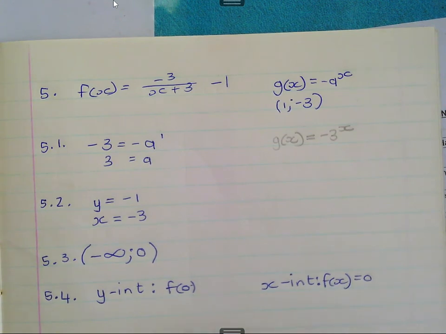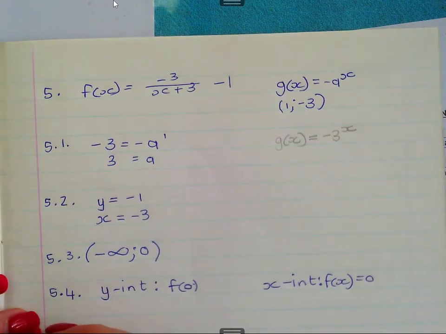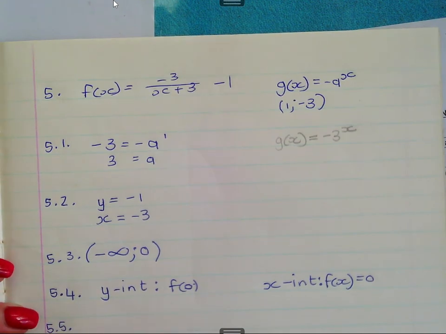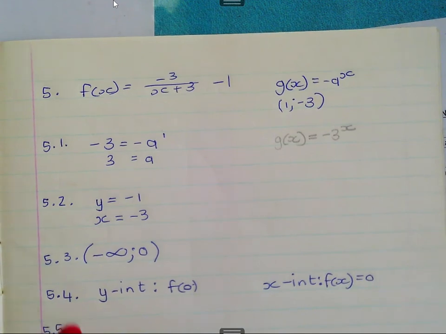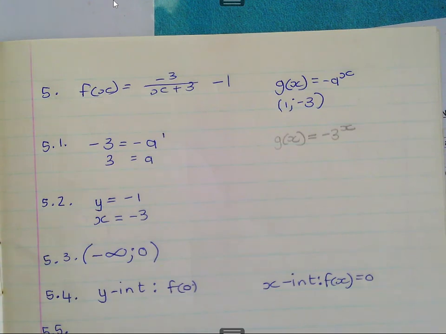I want you to do number 5.4, 5.5, and 5.6. So all you're going to do at 5.4 is you're going to get the x and the y-intercept. And then at 5.5, you're going to draw the two sketches, but on the same set of axes.